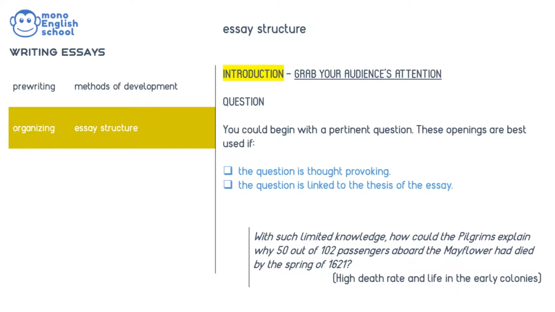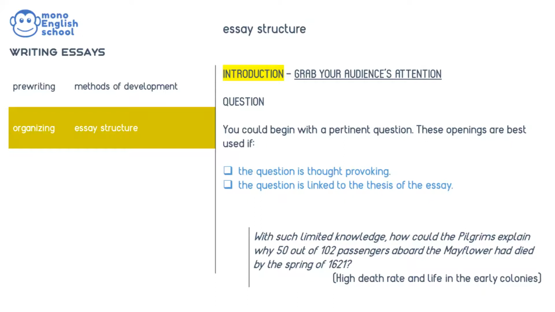The final approach is to begin with a question. Again, this should be used carefully as it's a technique that has been used a lot. To be successful, the quotation should be thought-provoking and pertinent to the essay's main point.